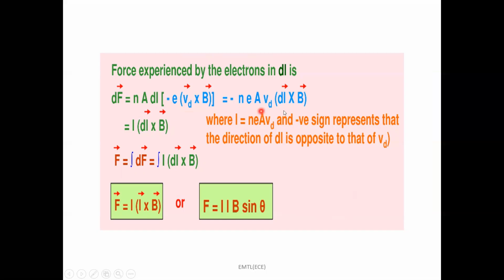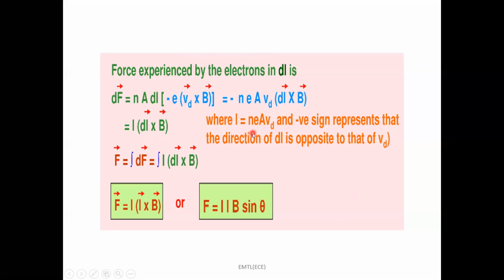So dF is equal to minus n e A Vd into dl cross B bar. Just to write this, we shift the dl into the bracket. Now the value of n e A Vd is equivalent to current. How do we write n e A Vd as I?